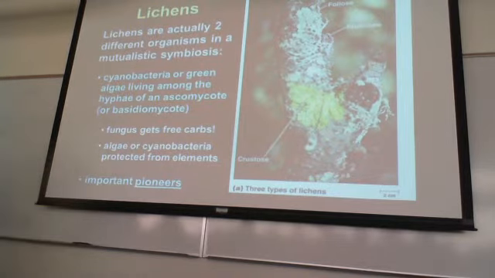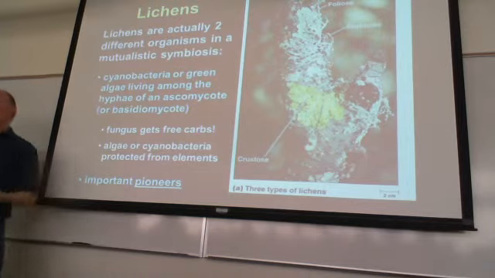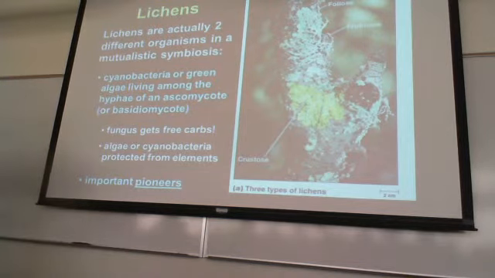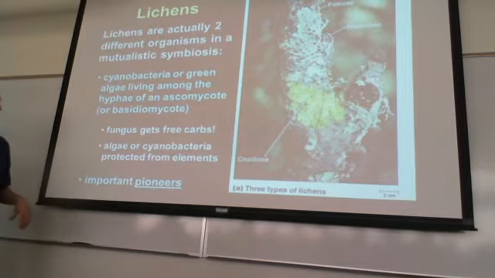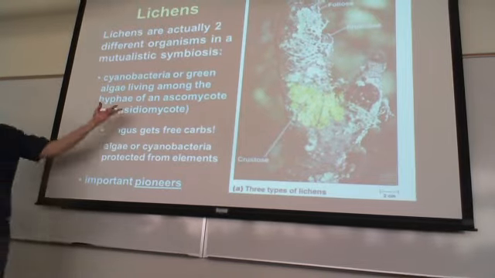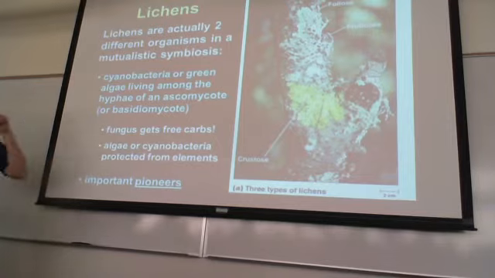It can be photosynthetic bacteria or commonly photosynthetic algae that live within the thallus of this fungus, and both together in this symbiotic relationship is a lichen. So a lichen is really two distinct organisms that are mutually dependent on each other. We'll see an example of what that looks like on the next slide.